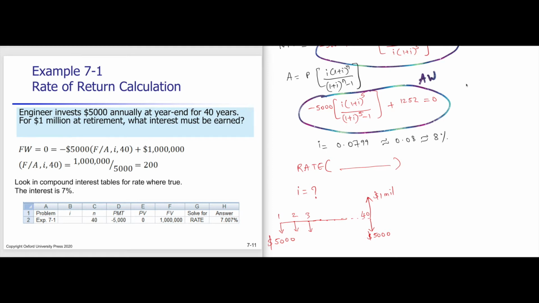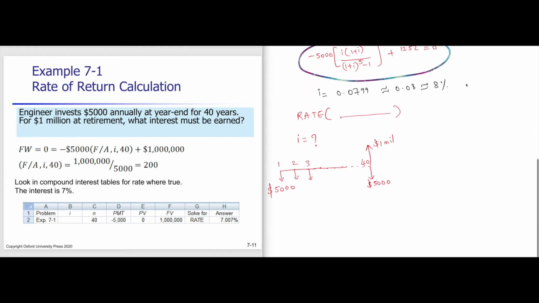So for this cash flow to be true, what should I be? How will you solve the problem? Like I said, convert every number to future value, or convert every number to annual worth.